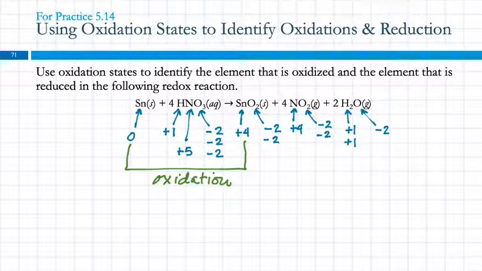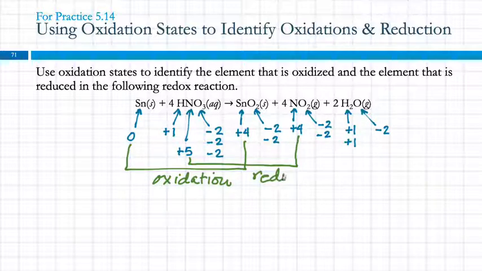In this case, because it's forming an ion, it is literally losing electrons. So then let's look at the rest of these. Here's hydrogen. Hydrogen's +1 here, and over here, it's +1. It didn't change. Just ignore it. Here's nitrogen. Nitrogen is +5, and over here, nitrogen's +4. So that's a change. +5 to +4. That's going down, right?